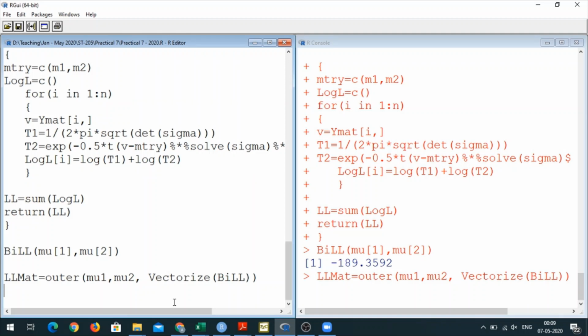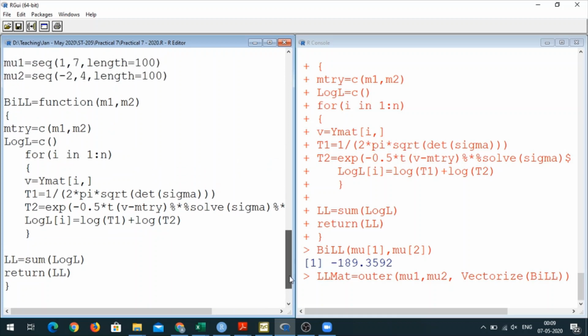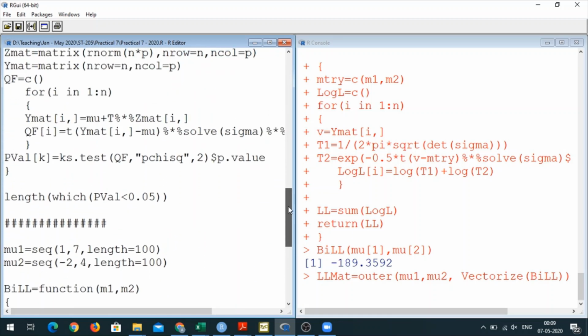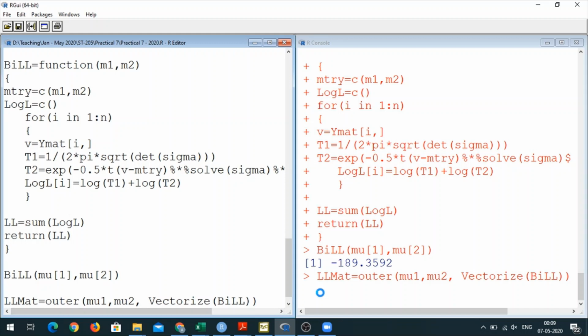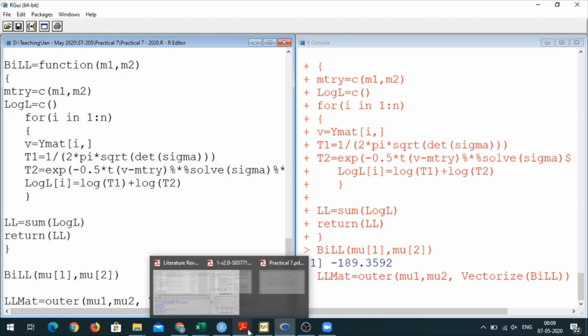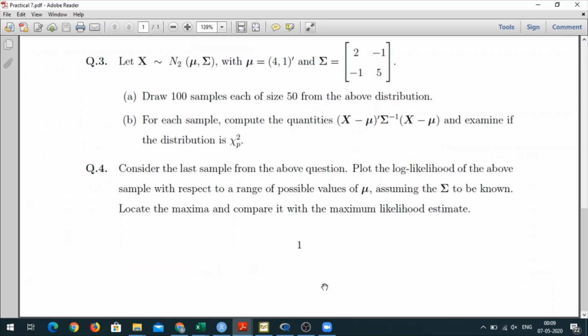It's taking time because it is doing 100 into 100, that is 10,000 computations of log likelihood. And each log likelihood computation involves computation of n PDFs, where my n is 50. My sample size is 50. That's why it is taking time. Let us go and read the question while it is running.